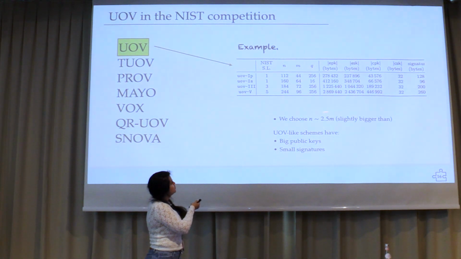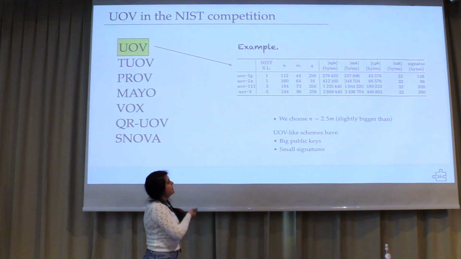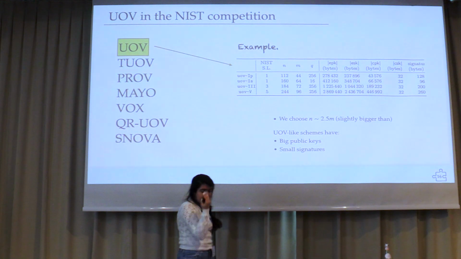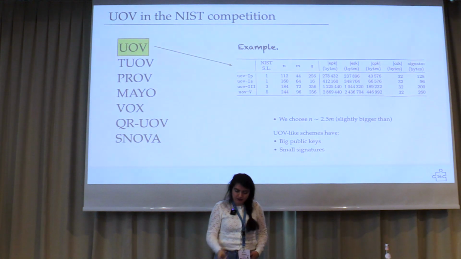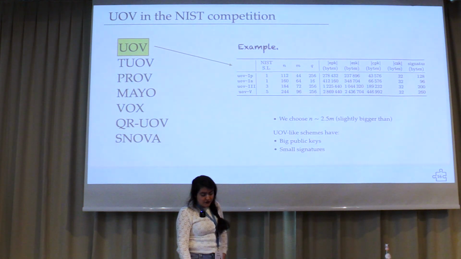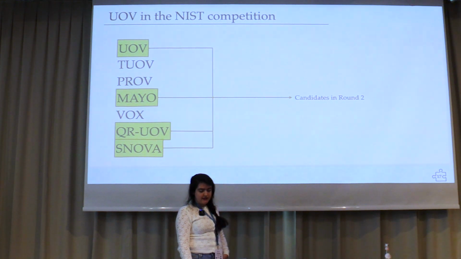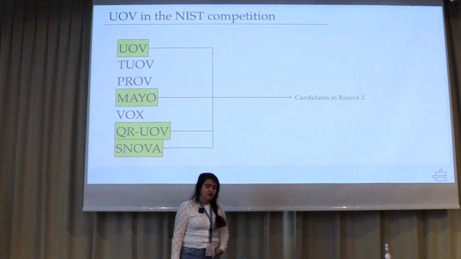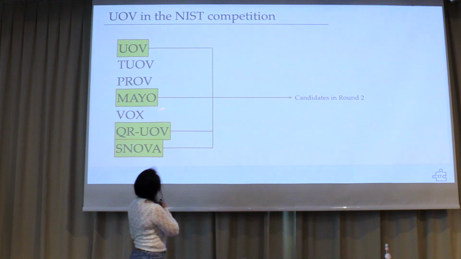The parameters are usually chosen such that N is about 2 times 5 M, and you will see this afternoon with the attacks why it is chosen like that. This is for cryptanalysis purposes. So that was in the first round. Then these are the candidates that remained in the second round for now. The others, Vox had some attacks.